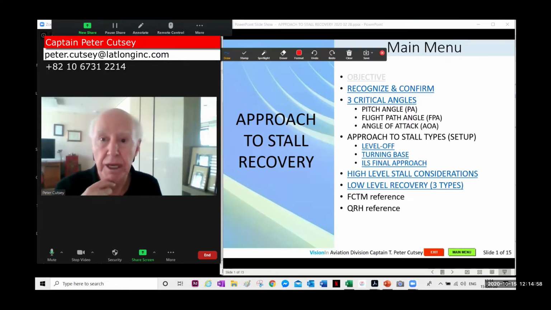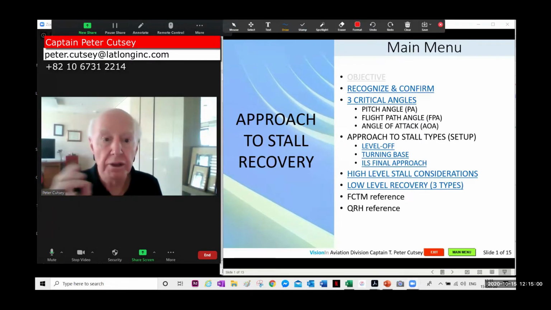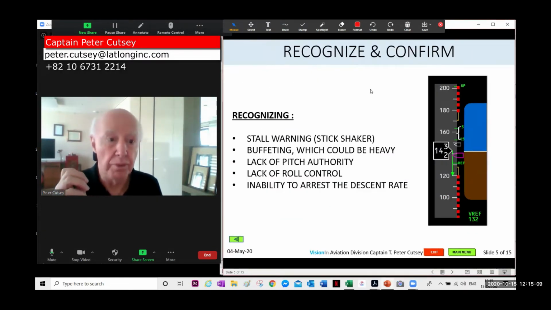Get the annotate menu back up here. So now that we understand the 3 critical angles, let's go ahead to recognize and confirm.